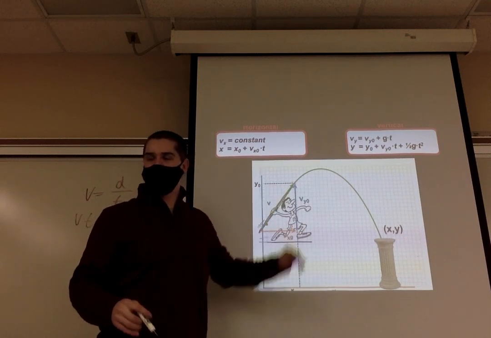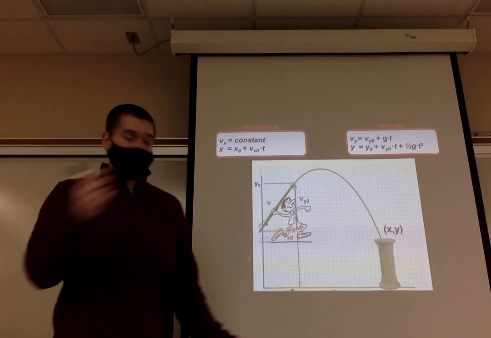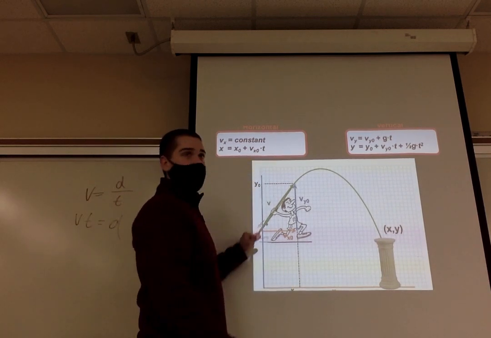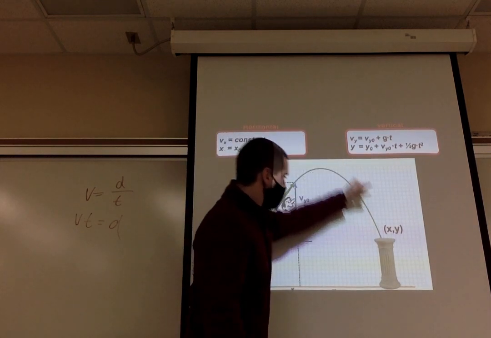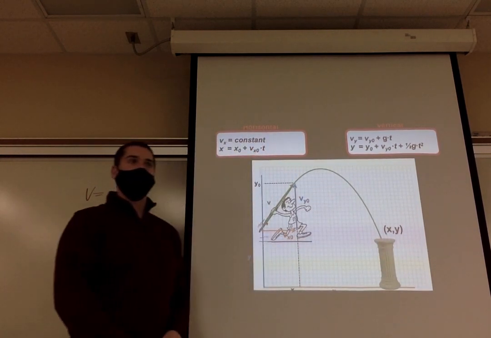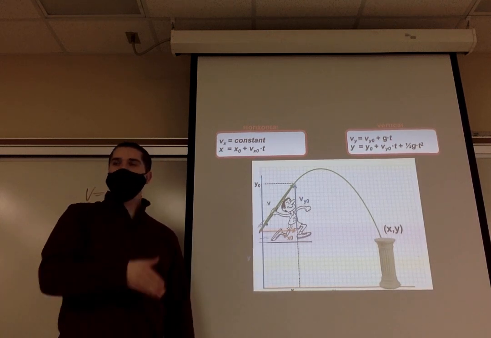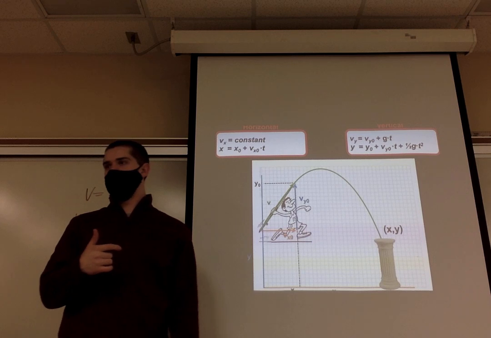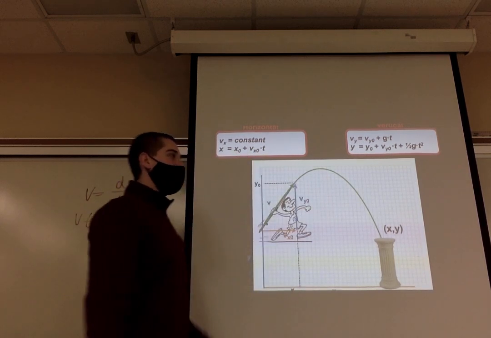How long is it before it touches the ground? Once it hits the ground, it's no longer in flight. That can tell you the time it's in the air. Then, during its time in the air, the speed in the x direction doesn't change. Nothing's accelerating. So I take that speed times the time. That's how far it went.